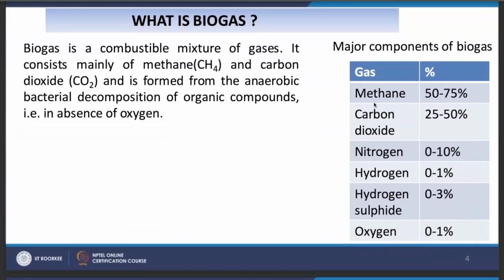So what are those things? Methane, obviously, is more than 50% of the total biogas. Carbon dioxide, again, ranges around 25 to 50%. Other constituents, apart from the major components methane and carbon dioxide, are nitrogen, hydrogen, hydrogen sulfide, and oxygen, though in very small percentages, but still they are present in the gas.